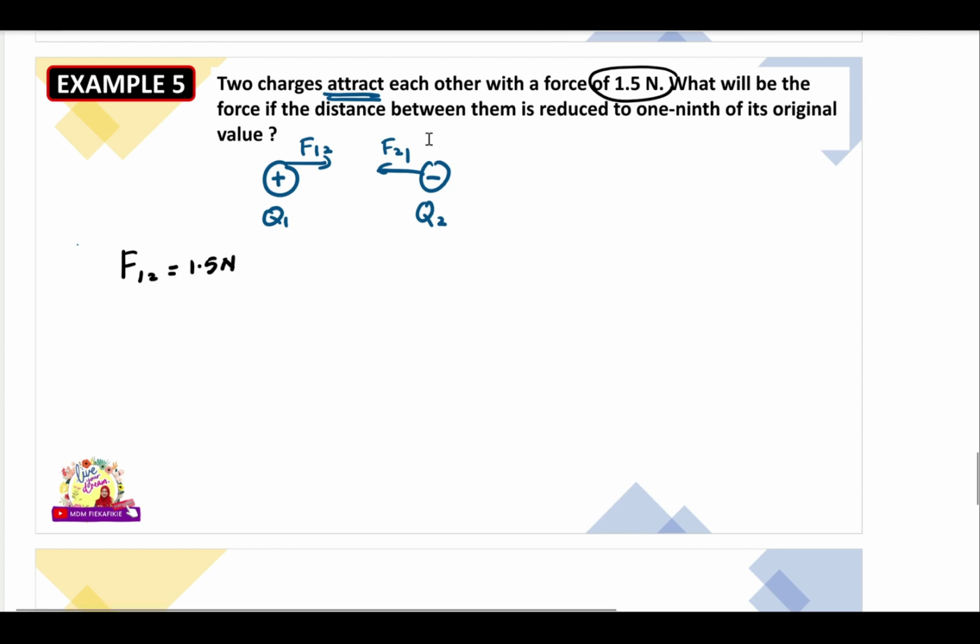The distance between them I don't know, so I just put it as R. The question asks, what will be the force if the distance between them is reduced to, I put here, unknown, R prime.